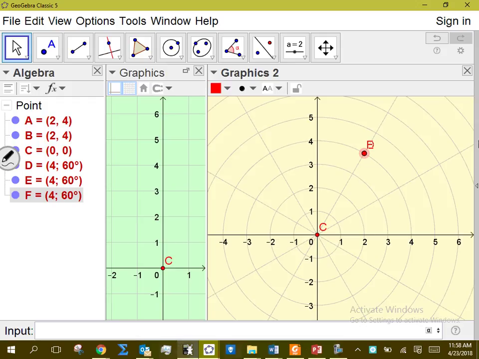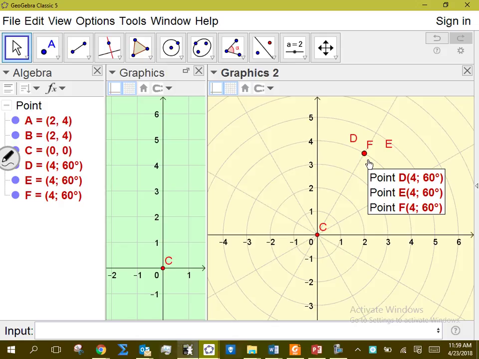So we've got three points here that are all looking at the same position in space, but all defined differently. One is (4, 60), one is (4, 420), one is (4, negative 300).